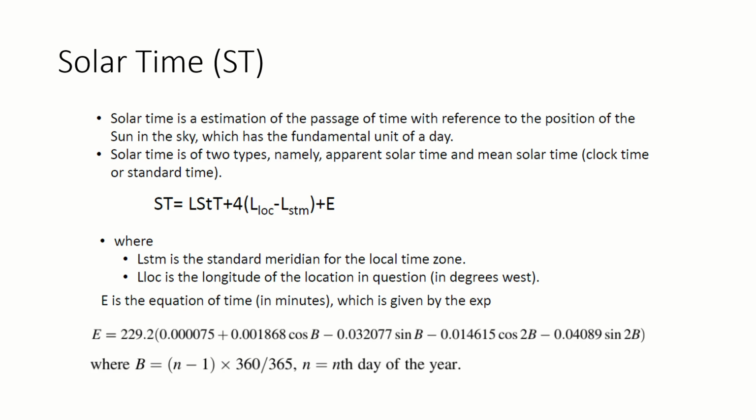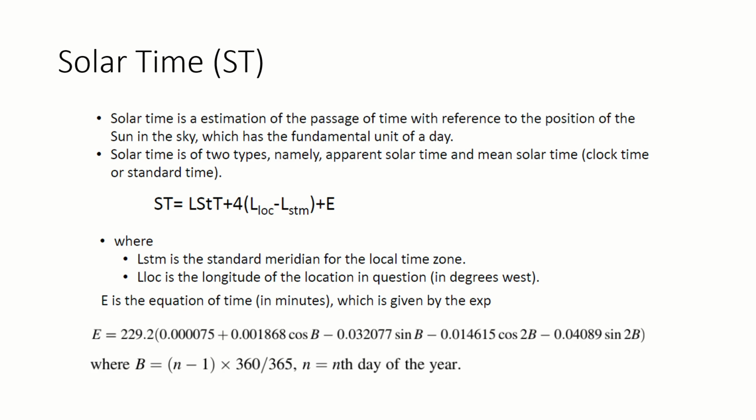Standard time is LS, which is the local time, plus 4 into L location, that is the longitude of the location, minus standard meridian, that is LSTM, plus E. E is the equation of time. LSTM is the standard meridian for the local time zone, and LLOC is the longitude of the location in question.